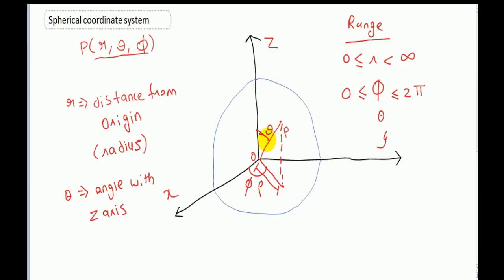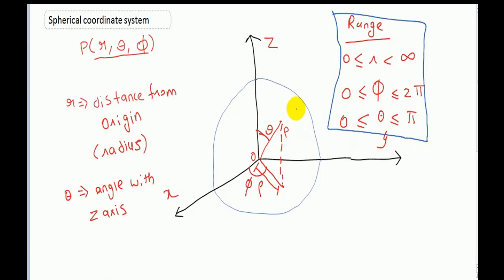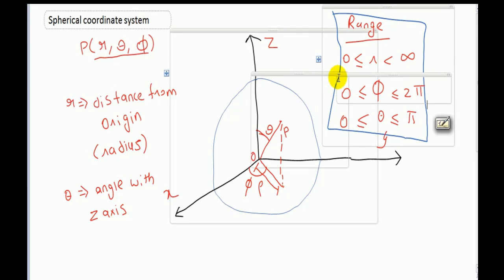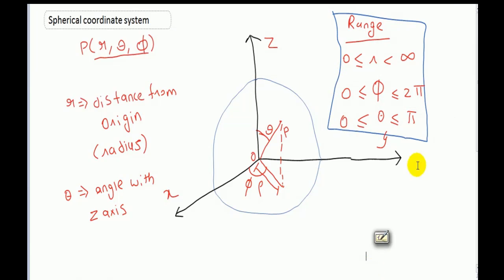So this line OP can go from up to down. So to cover the entire z axis with this line, theta should vary from 0 to pi. So these are the ranges for spherical coordinate system.